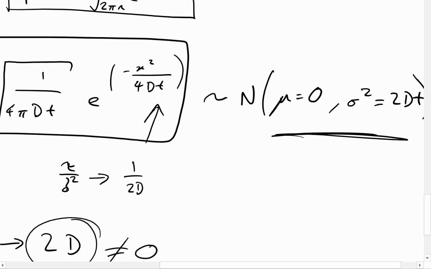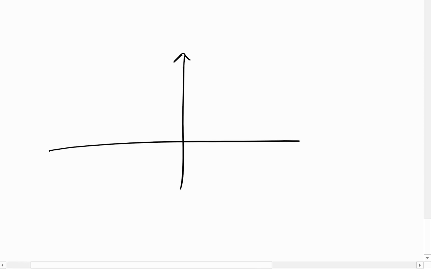And actually, we can draw what actually happens. Let's suppose that we keep the same time, the same t. If we have a higher diffusion coefficient, then it spreads out further.